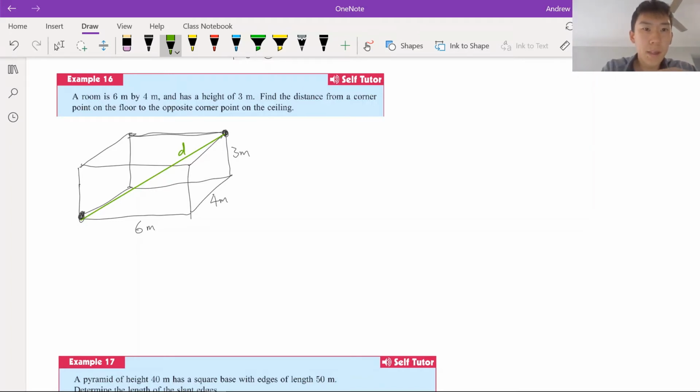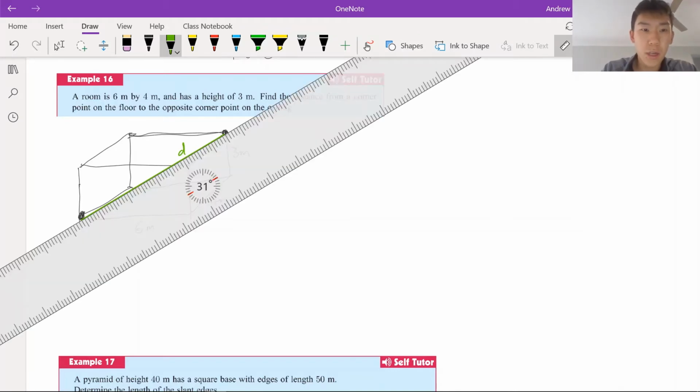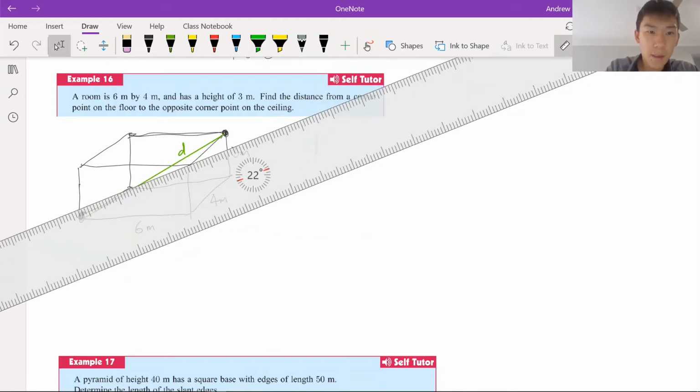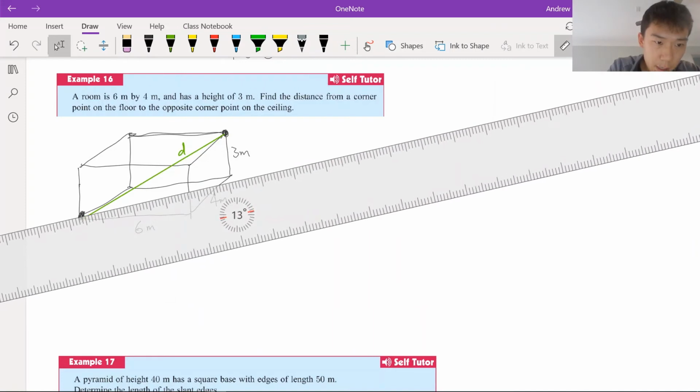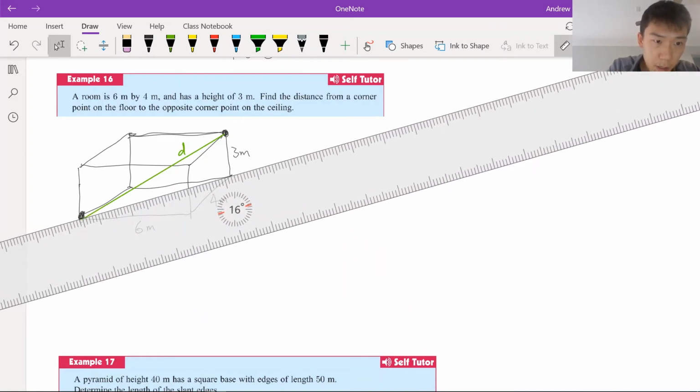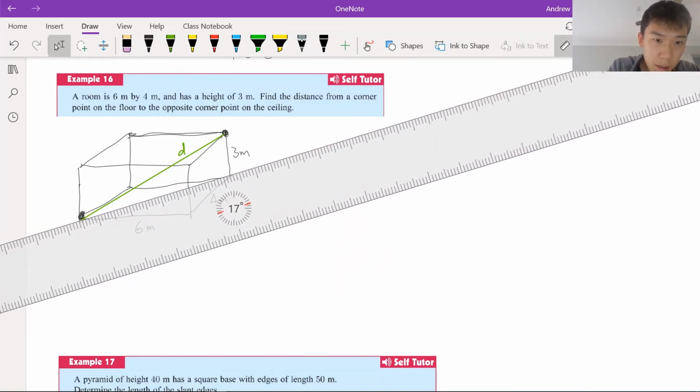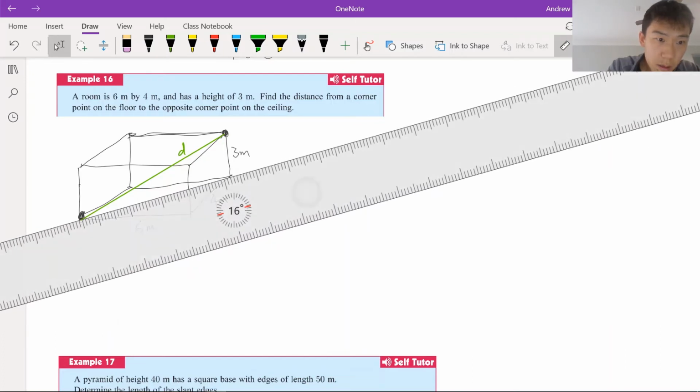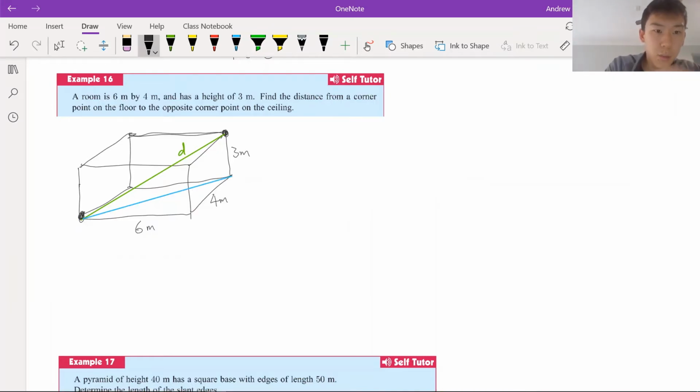Okay, so how do we do that? Well, a very common strategy is to find this distance first, on the floor, so the diagonal of the rectangle on the floor, because we know that the floor between 6 and 4 there, that's a right angle.